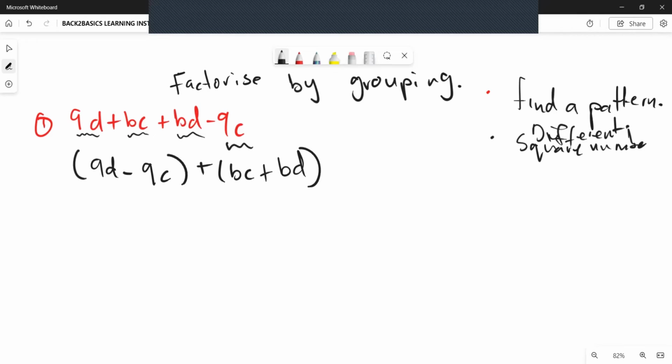Surely there is something that is common in all these things, right? So now let's try and extract what is common here. In the first one, you have 9 here, you have 9 here. So actually 9 is common. If you have 9 as common, what are you going to be left with? You're going to be left with D subtract C, because you've taken out 9 as a common factor.